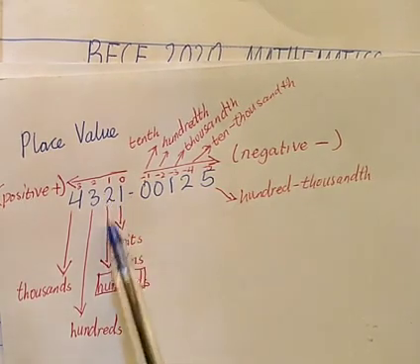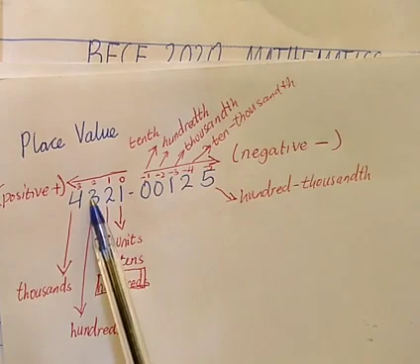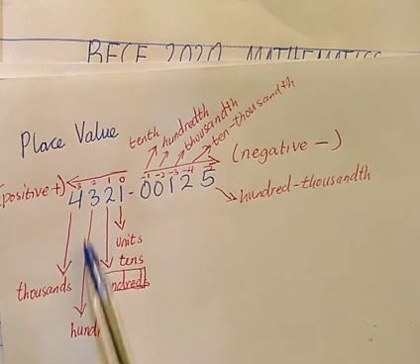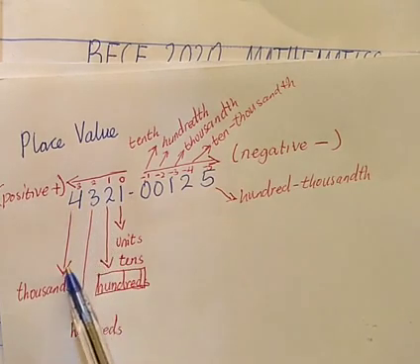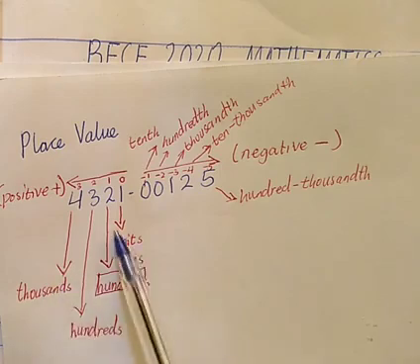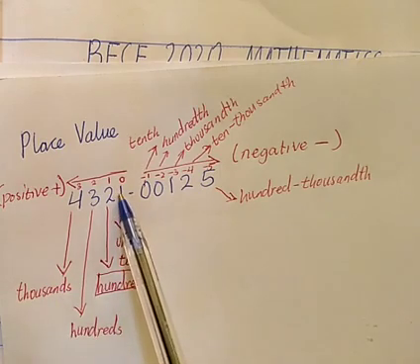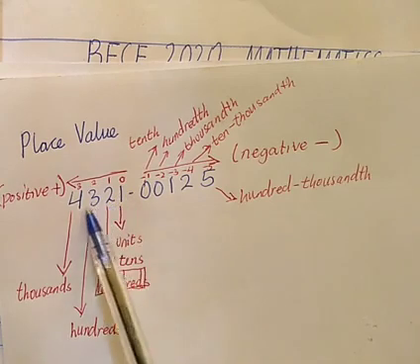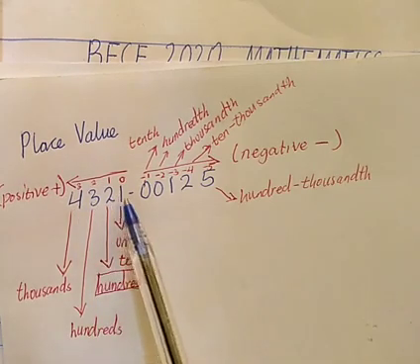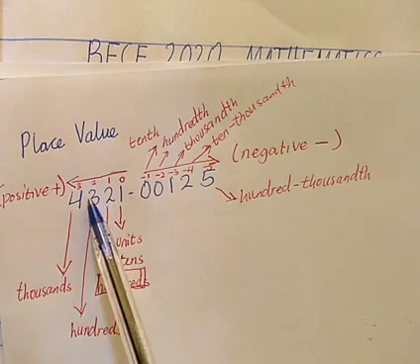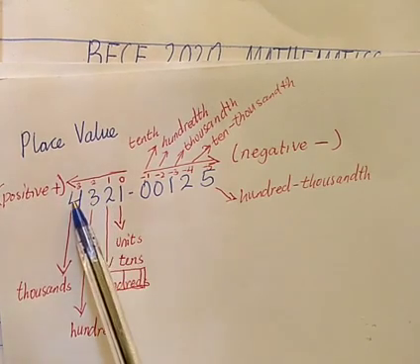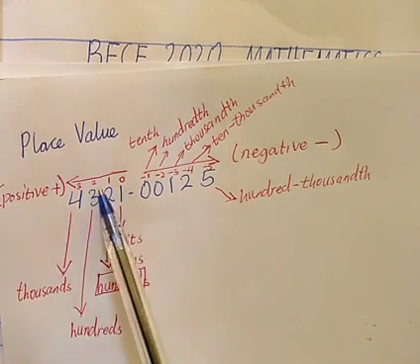We have 2, the place value is tens. 3, the place value is hundreds, and 4, the place value is thousands. As you can see, let's take a look at it again. So now this is 1, 2, 3, 4: units, tens, hundreds, thousands.